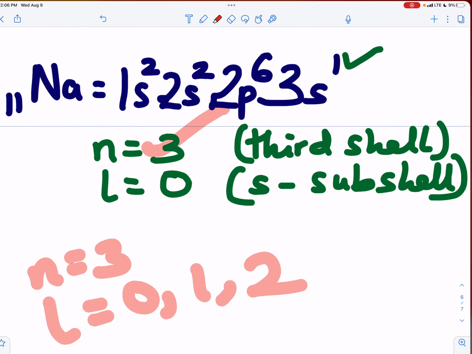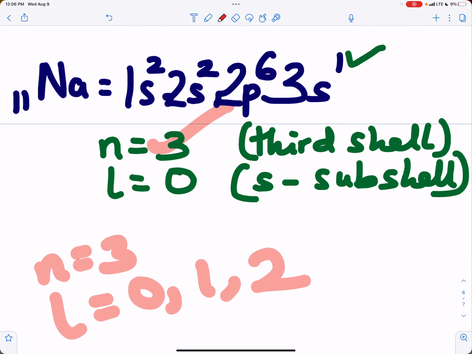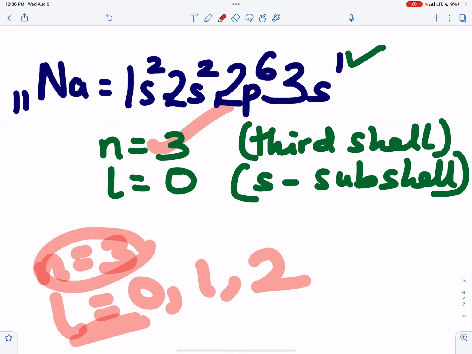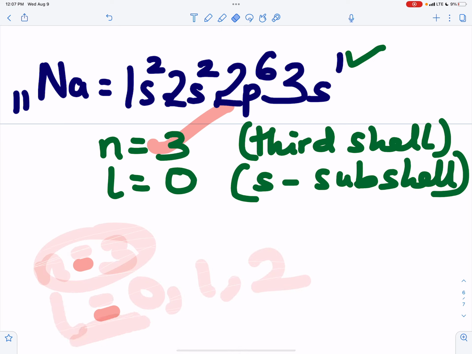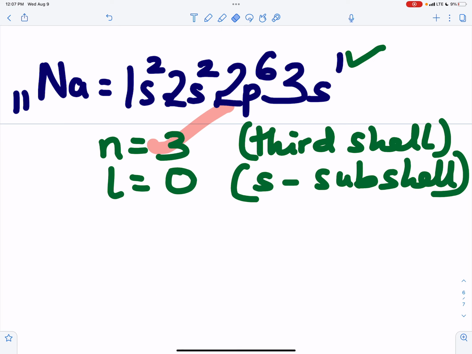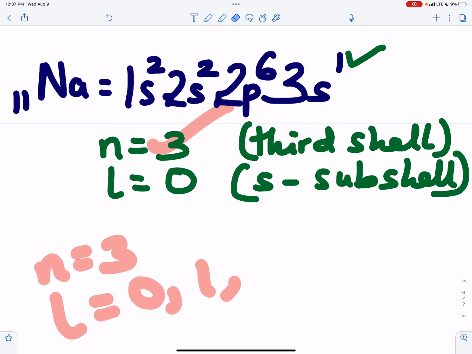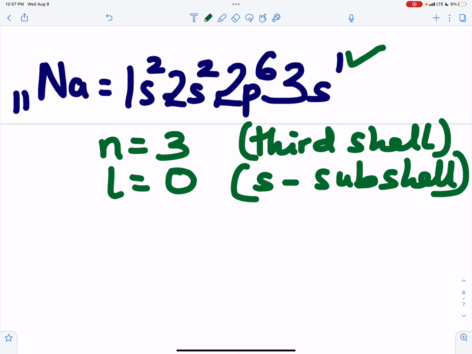The values of L are gotten from the values of n. The values of M, which is the next quantum number, are gotten from the values of L. Let's go ahead and do that now. What is its M value?